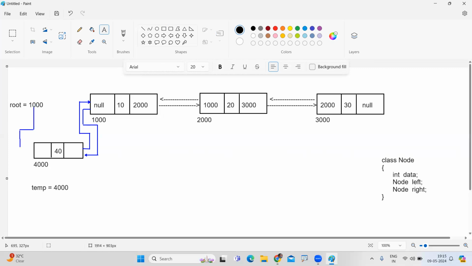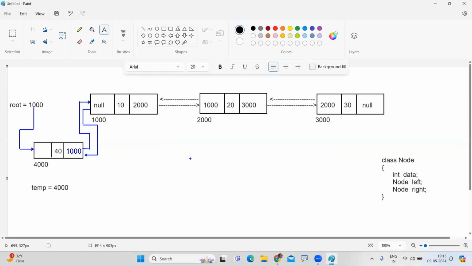So we already know that right side connection comes first. Here you need to store 1000. Where is 1000? 1000 is nothing but root.